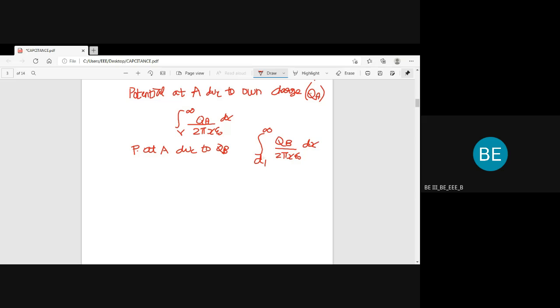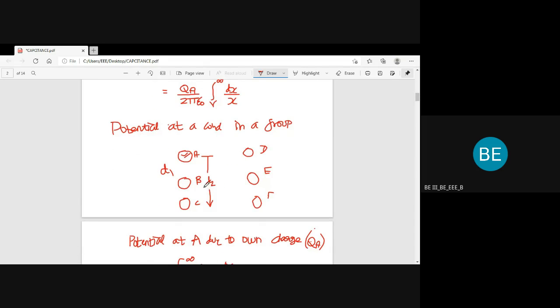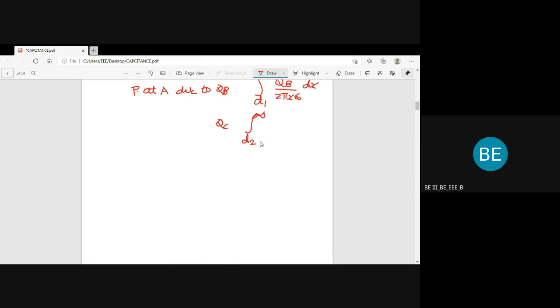If I consider QC, the potential at A due to QC, I have to give the distance between conductor A and C. I am considering the A to C distance as D2. So instead of D1, I am having D2, and the charge will be QC divided by 2 pi epsilon naught dx.